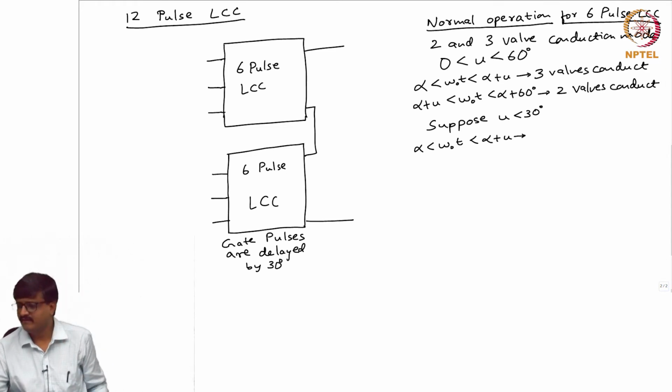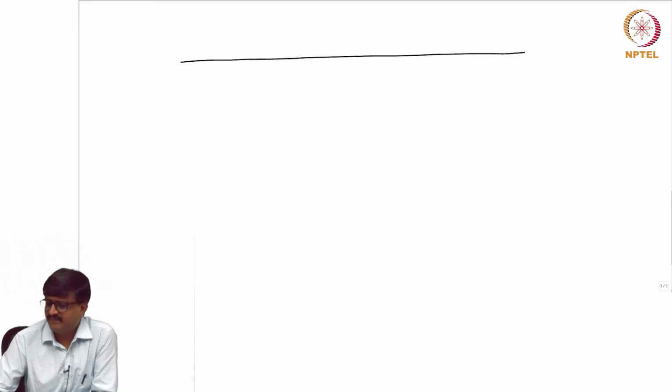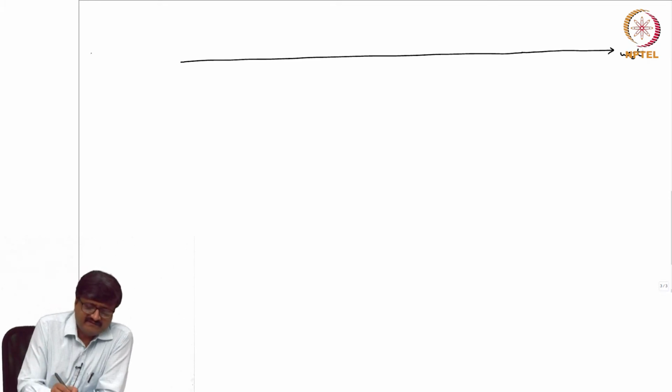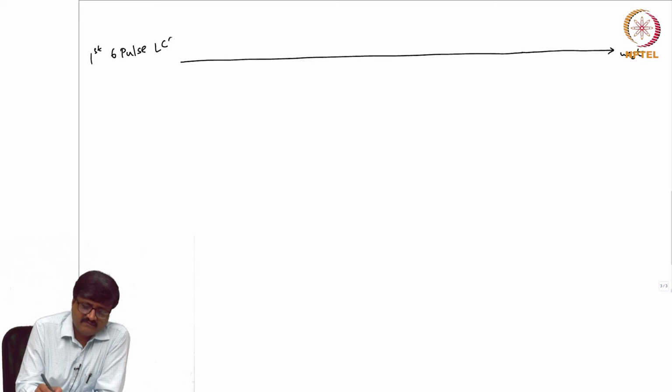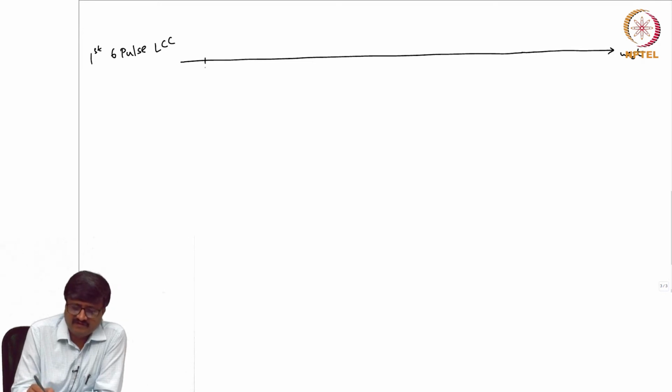Let me try to draw one more diagram. Suppose this is omega t. This is the first 6 pulse LCC. Suppose this is alpha.